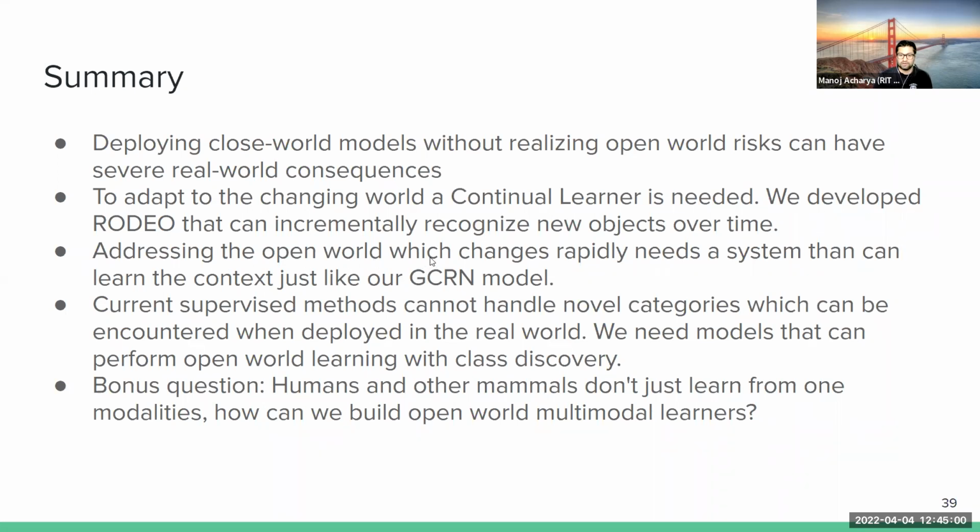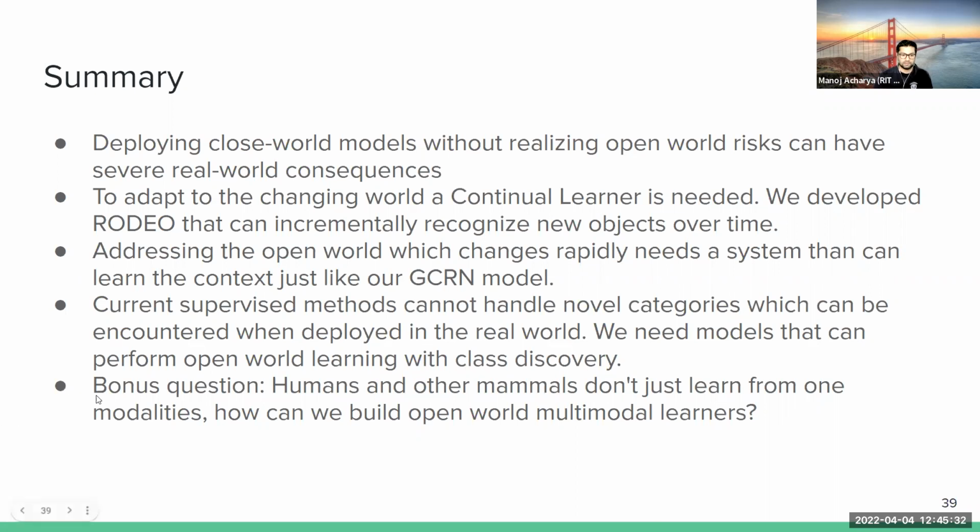Addressing the open world, which changes rapidly, also needs a system that can learn the context, just like our graph contextual reasoning network. Next, current supervised models cannot handle novel categories, right? These can be readily encountered when we are deploying models in the real world. So we need models that can perform open world learning with also the capacity to discover new object categories.